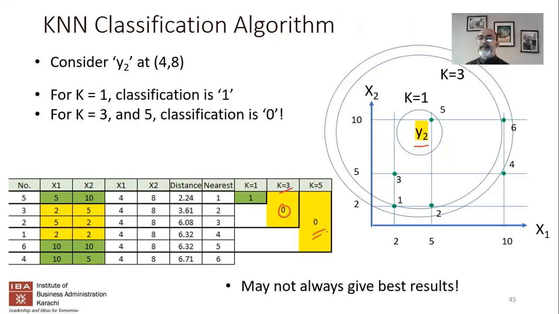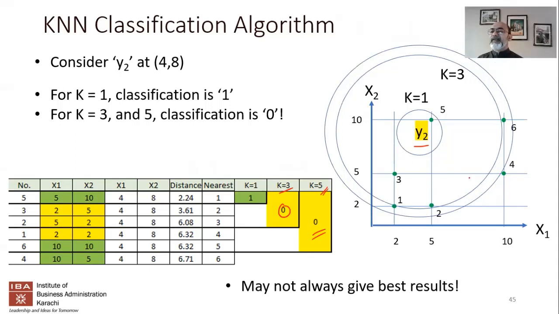But even if you look at k is equal to 5, unfortunately, in this case, 5 is the closest. Then there is 3 and 2. And then the next one is number 1, so this is still closest.